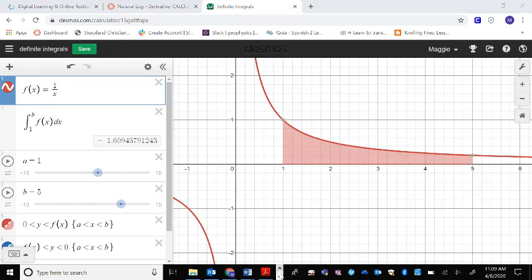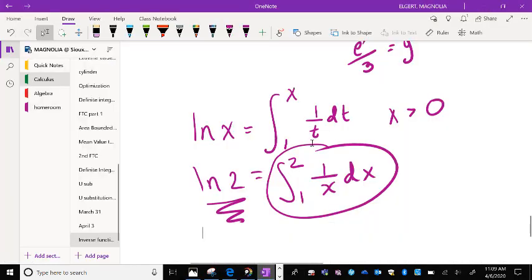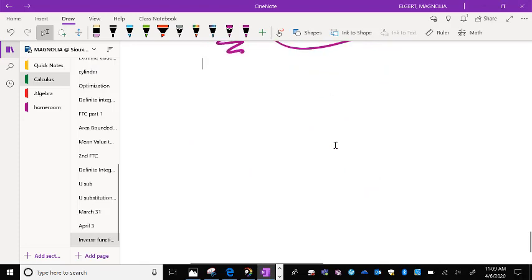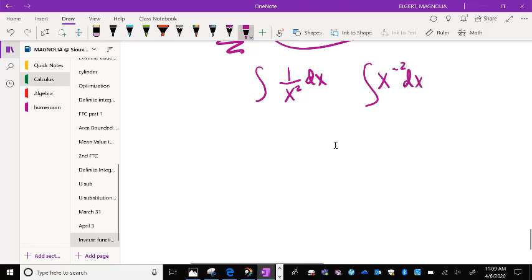Let's go back for a second to basic derivative rules. Do you remember the power rule, like if I was going to integrate 1 over x squared dx, I would write that as x to the negative 2 dx. Then the power rule for integration, or antiderivative, says that I add 1, so that would equal x to the negative 1 divided by the new power.